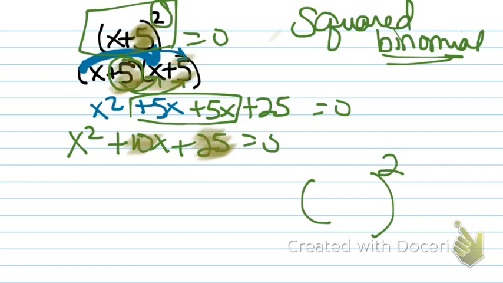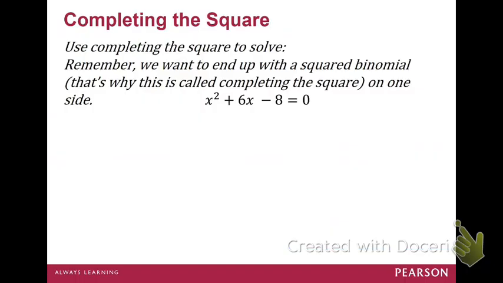Isn't 5 times 5 the same as 5 squared? So you squared that term to get it. So let's keep that in your mind, please, as we go back and do this example here. Okay? Here's a trinomial, and we want to take this trinomial and we want to make it into a squared binomial.